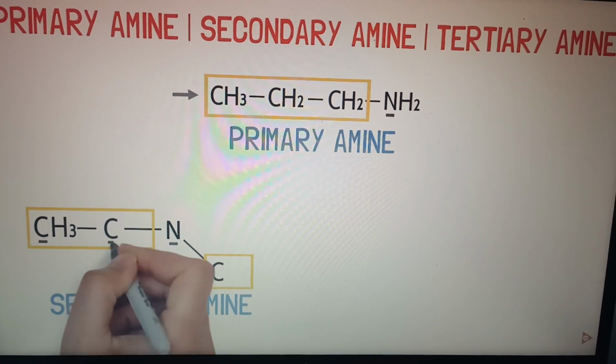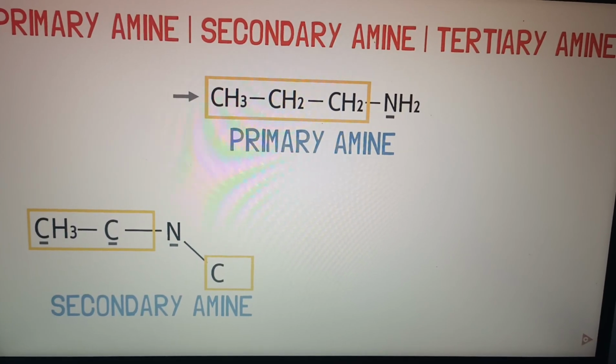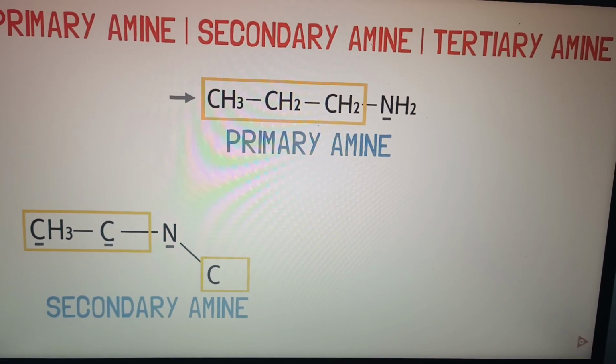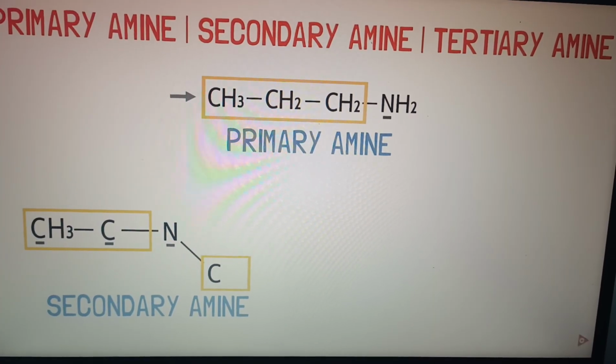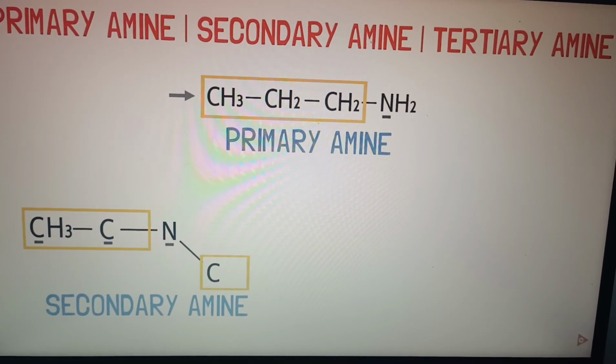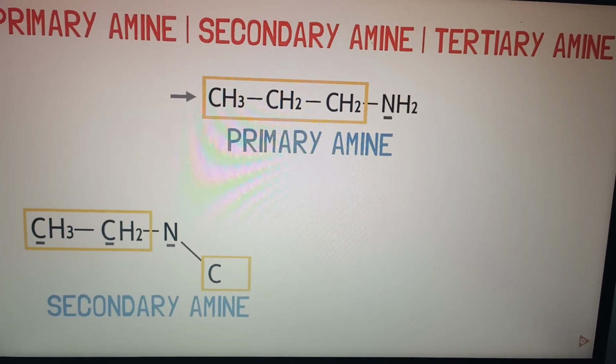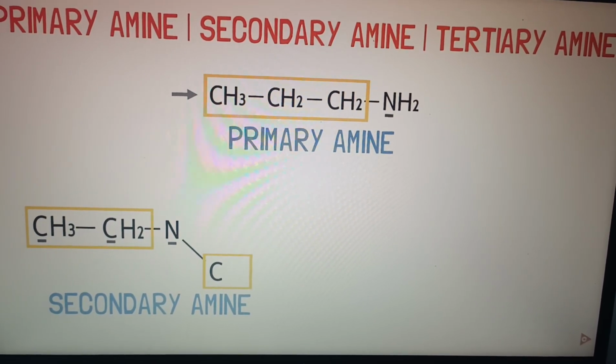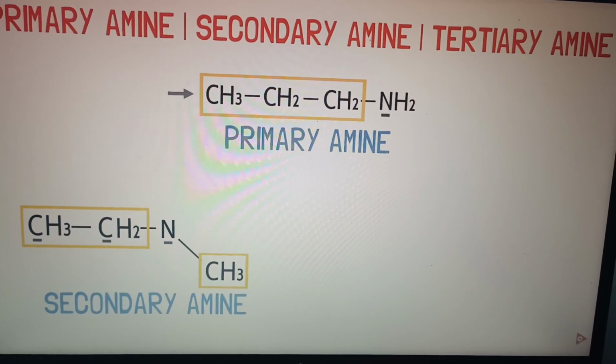The second one is this carbon. This carbon already has two bonds, so we are adding H2. So it will form CH2. In the third one, one carbon is already attached, so it will form CH3.